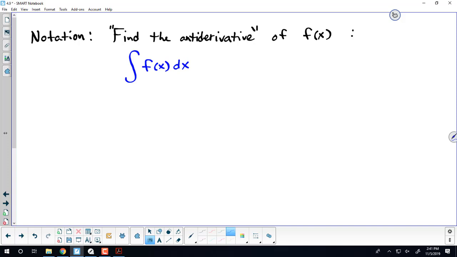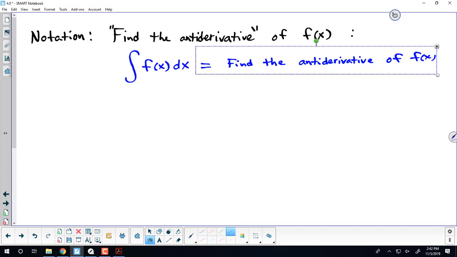And that dx, I guess we'll see a little bit more in chapter 5 what that actually is. But for now, we're going to read this symbol as find the antiderivative of f of x with respect to x.